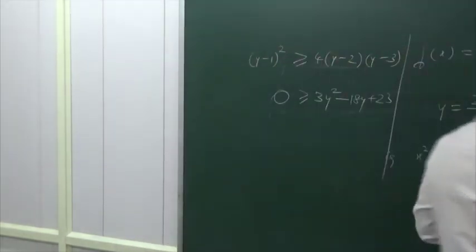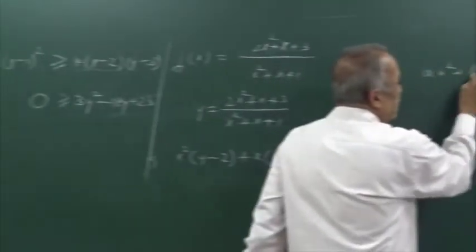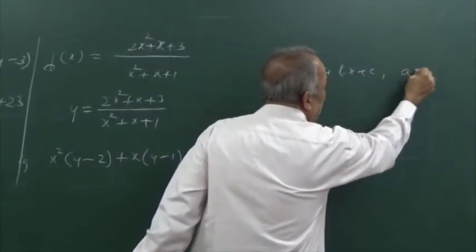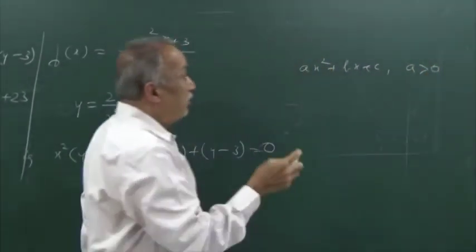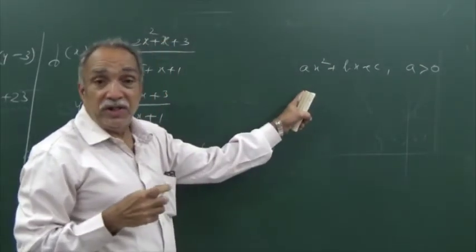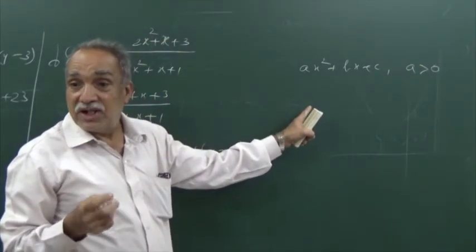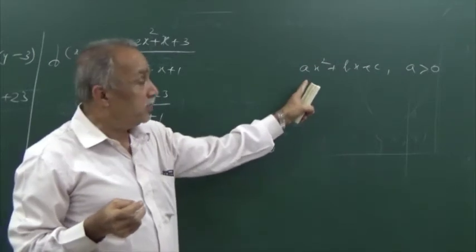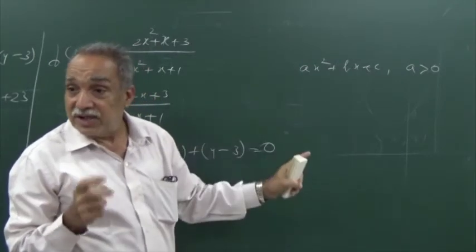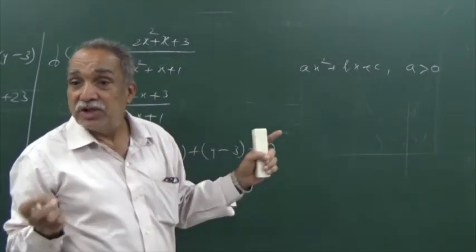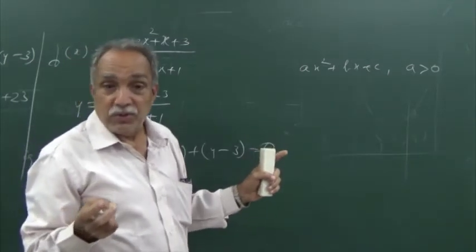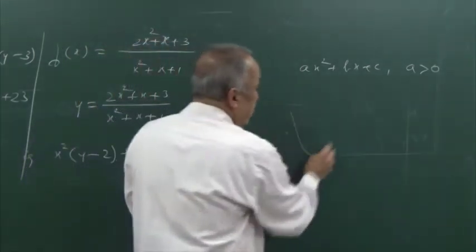I am asking for ax square plus bx plus c, a positive. I am asking when is this expression negative, when is this expression positive. This expression will be negative when x lies between the roots or outside the roots? Between the roots. Because the graph will be something like this.